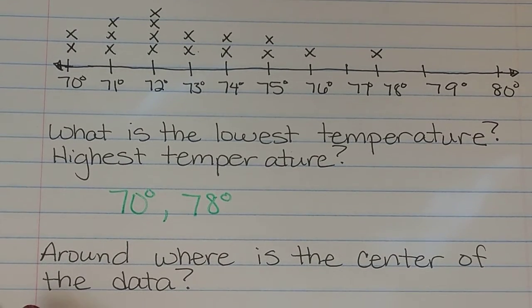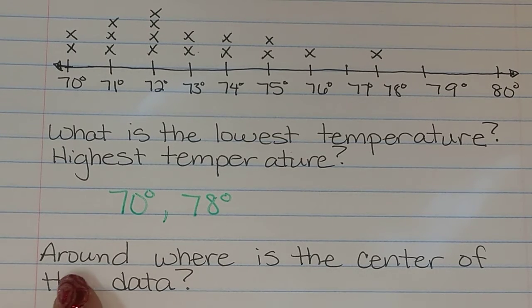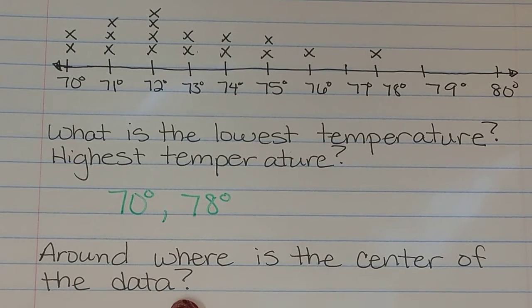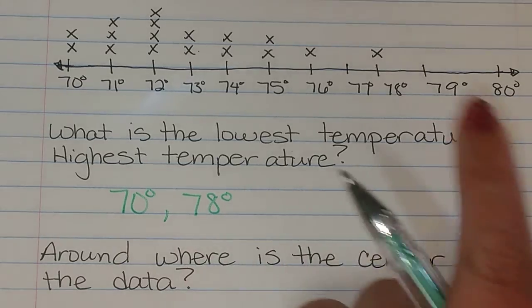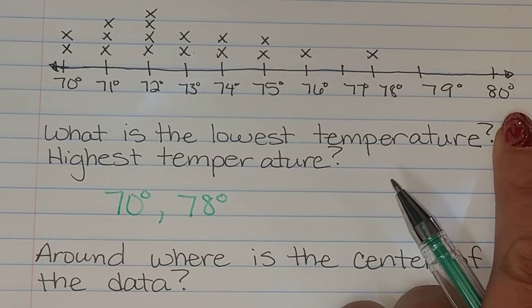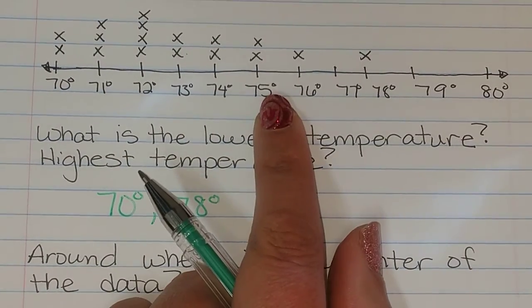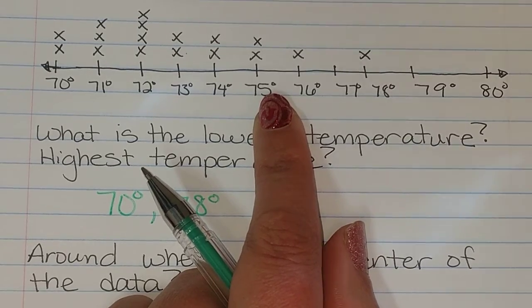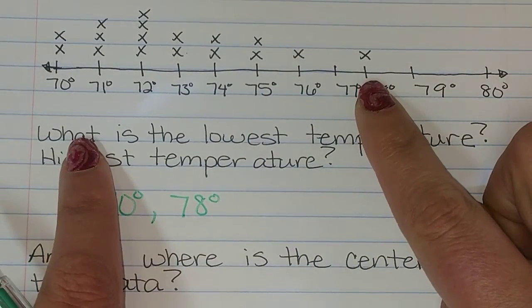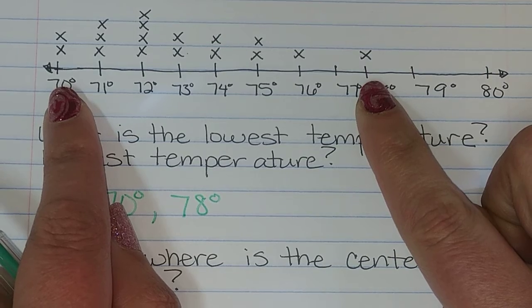Let's look at another question. Around where is the center of the data? Now I know we have between 70 and 80 on our graph shown, and it'd be really tempting to put, say, 75. However, 78 is the actual highest and 70 is the lowest.